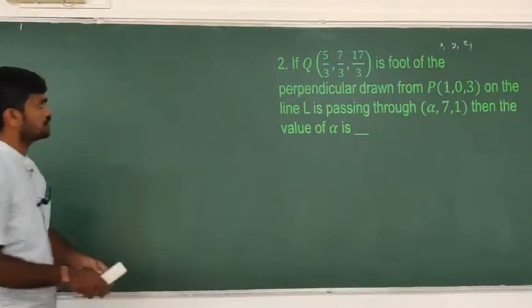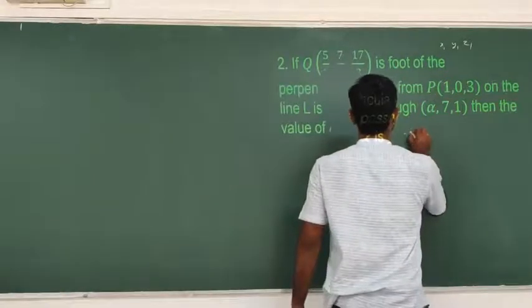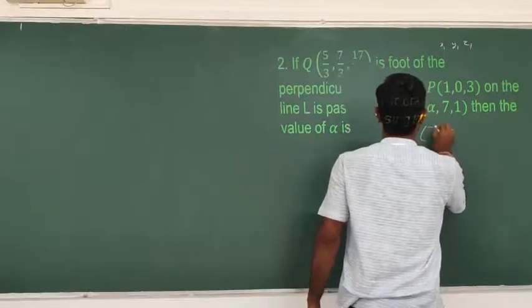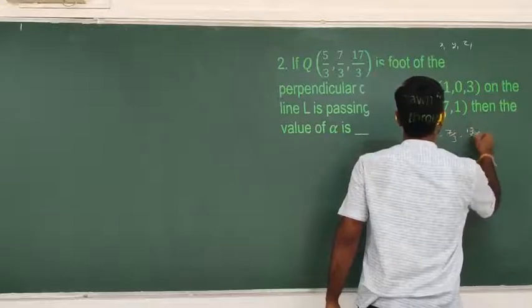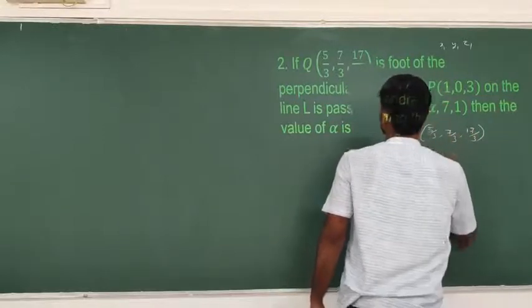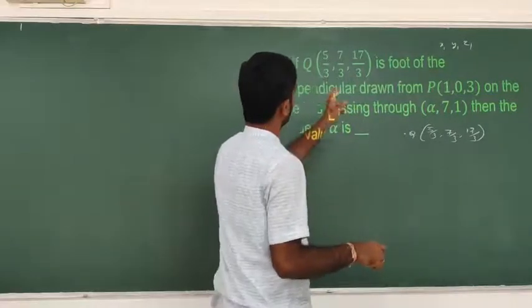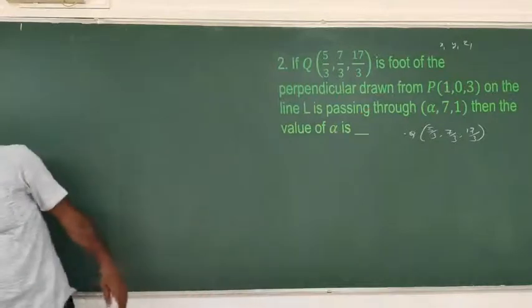Just here, this is the point Q. So the ordered triplets of point Q are 5 by 3 comma 7 by 3 comma 17 by 3. Okay, so these are the ordered triplets. So this is the foot of the perpendicular drawn from the point. Okay, sorry, just wait.